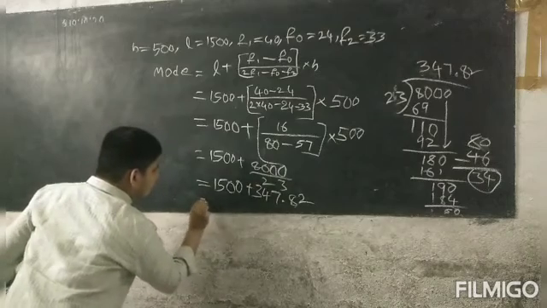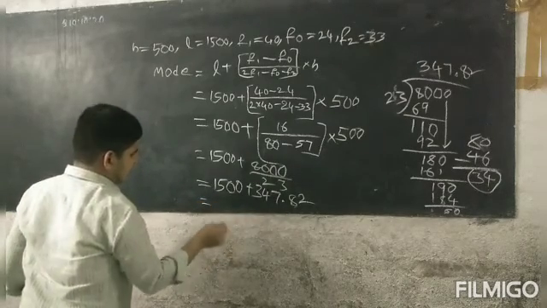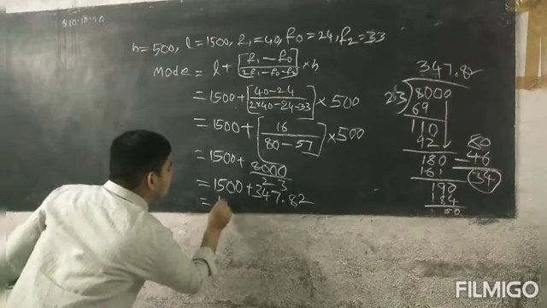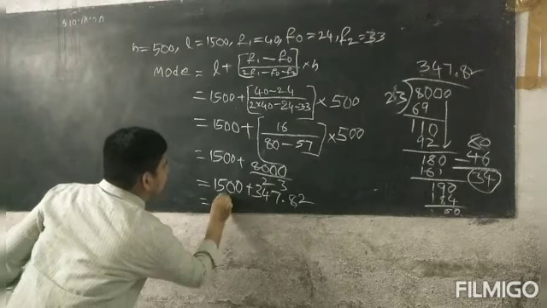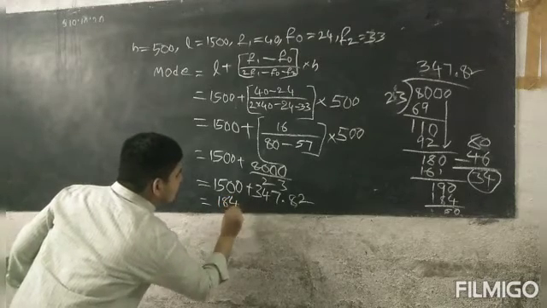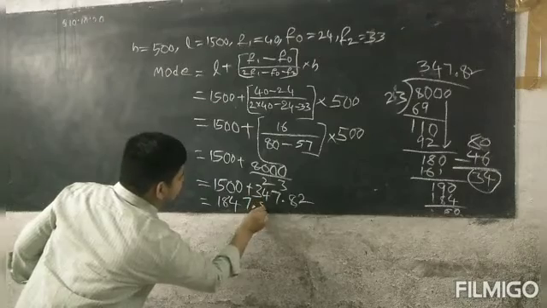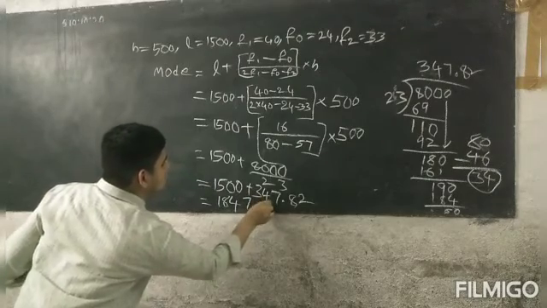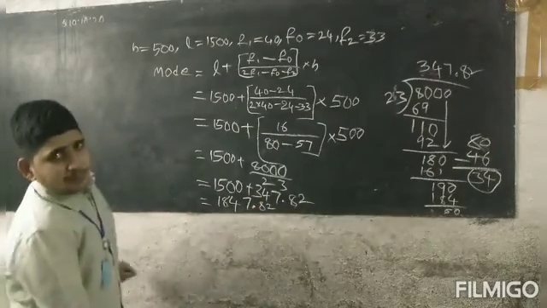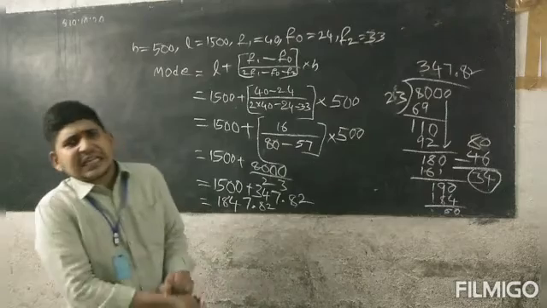Nothing but 1500 plus 347.82 is 1847.82 rupees.